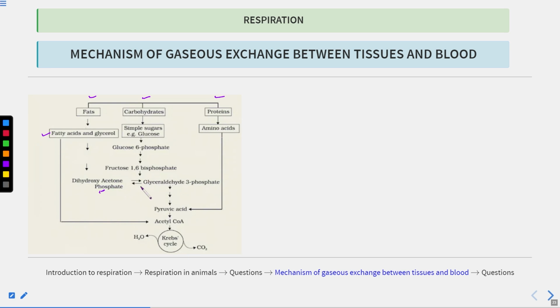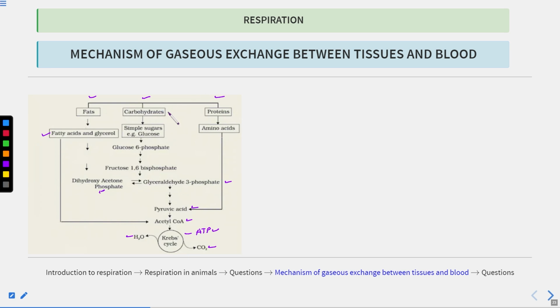Then dihydroxyacetone phosphate is converted into glyceraldehyde 3-phosphate. Then finally pyruvic acid is produced. Pyruvic acid is converted into acetyl coenzyme A, and acetyl coenzyme A can take part in the Krebs cycle. And during the Krebs cycle, ATP is produced. Along with ATP, carbon dioxide and water are also produced as a byproduct.